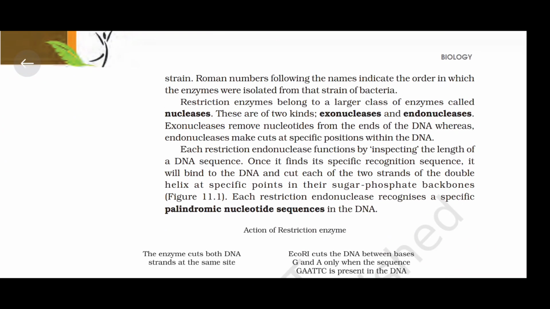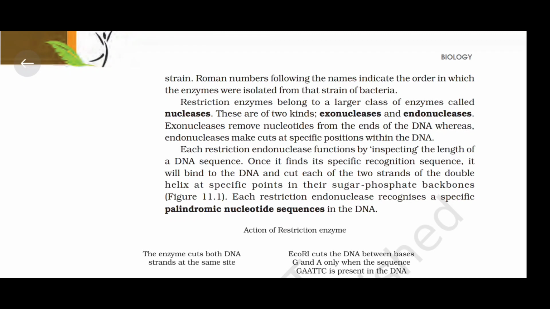Restriction enzymes belong to a larger class of enzymes called nucleases. These are of two kinds, exonucleases and endonucleases. Exonucleases remove nucleotides from the ends of the DNA, whereas endonucleases make cuts at specific positions within the DNA.